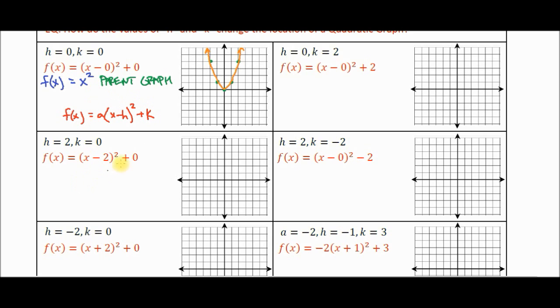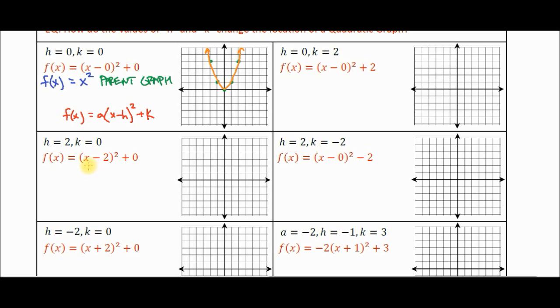All of our a values for the first 5 graphs will be 1, so we won't even have to write it. But since the minus sign is part of the equation, if h is 2, it shows up in the equation as x minus 2. And then the k is 0, so we keep the sign of that as just positive.